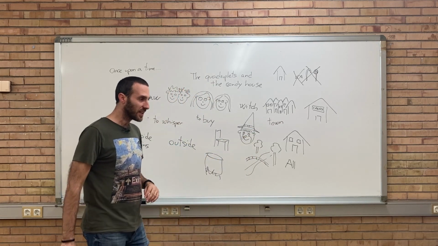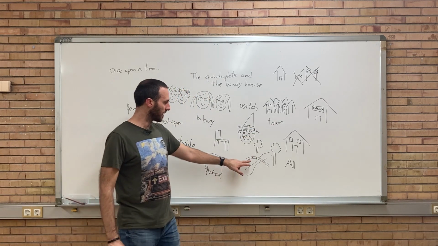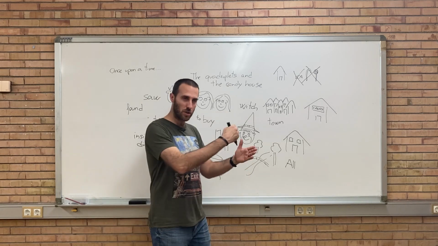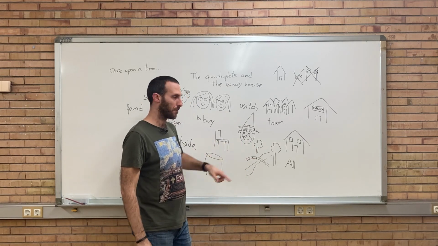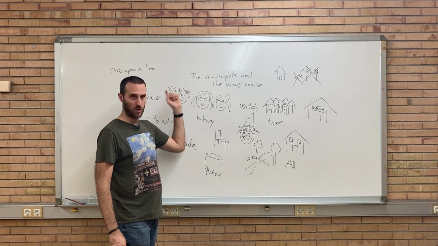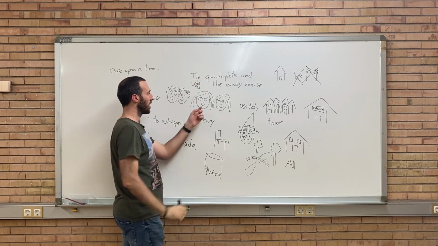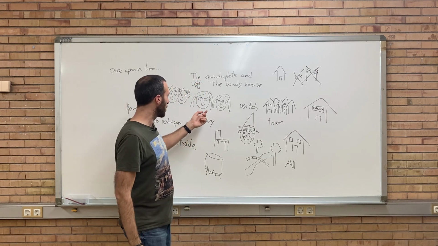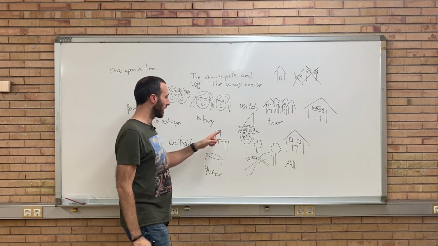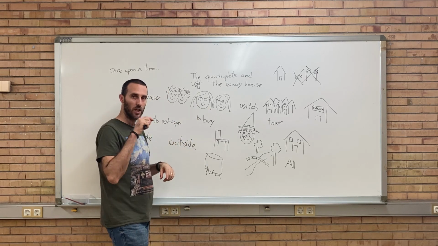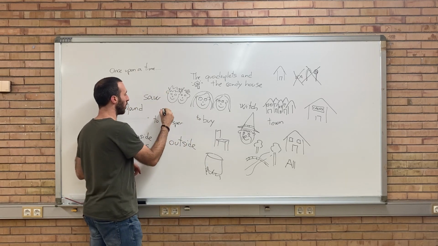And they ran very fast, and when they got to the river, one of the quadruplets had an idea. Bing! One of the girls had an idea, and she grabbed one of the boys.